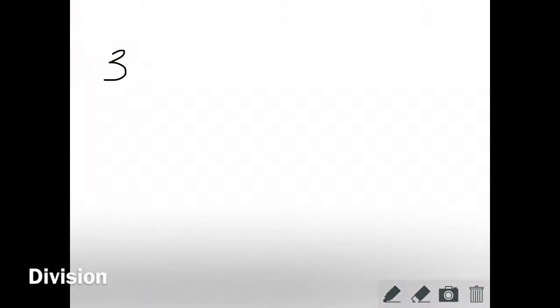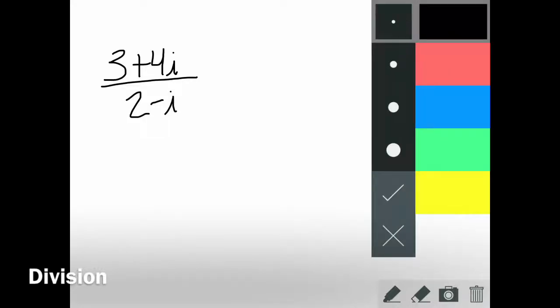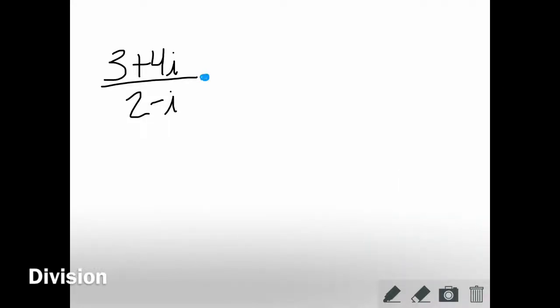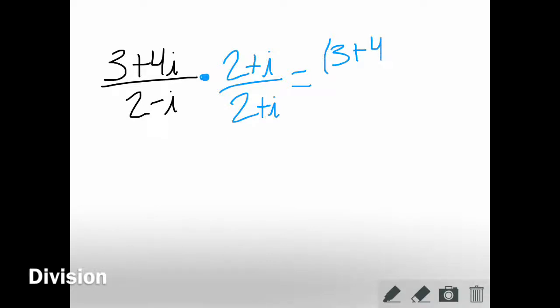On to probably the hardest thing of complex numbers, division. So today we're going to be doing (3 + 4i) divided by (2 - i). So first you want to do the conjugate. So the conjugate is 2 + i. So you are going to do (3 + 4i) times (2 + i), and then (2 - i) times (2 + i). So for the numerator, you want to do FOIL.